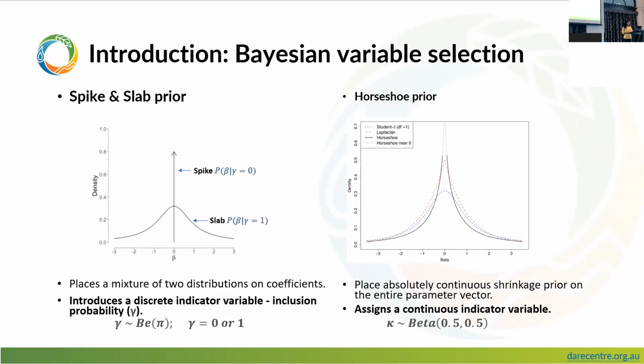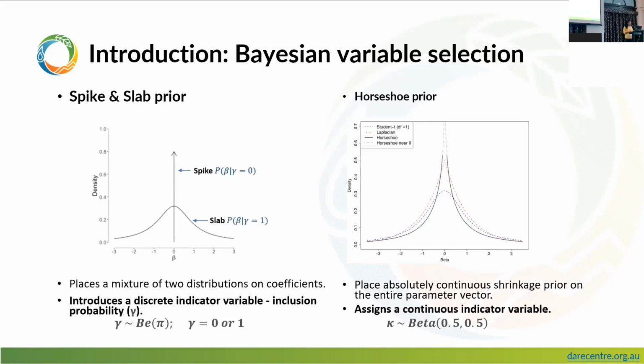The spike and slab uses a mixture of two distributions on the coefficients, and it introduces a discrete indicator variable, gamma, which we interpret as the inclusion probability. It should be a Bernoulli random variable, with values exactly 0 and 1.